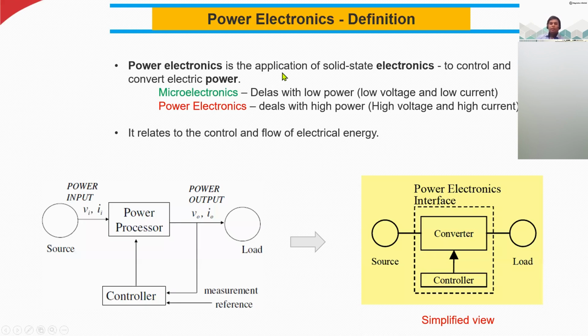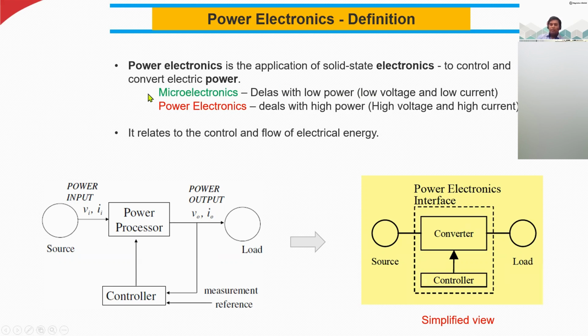Okay, so power electronics is the application of solid state electronics to control and convert electric power. So here we have to know there are two types. One is microelectronics, another one is power electronics. Microelectronics deals with low power applications. Mostly we are handling low voltages and low current.